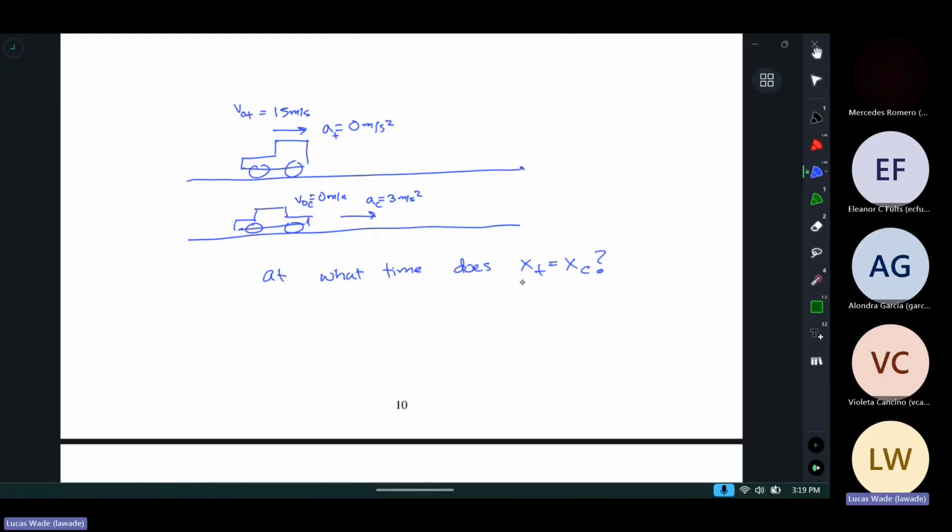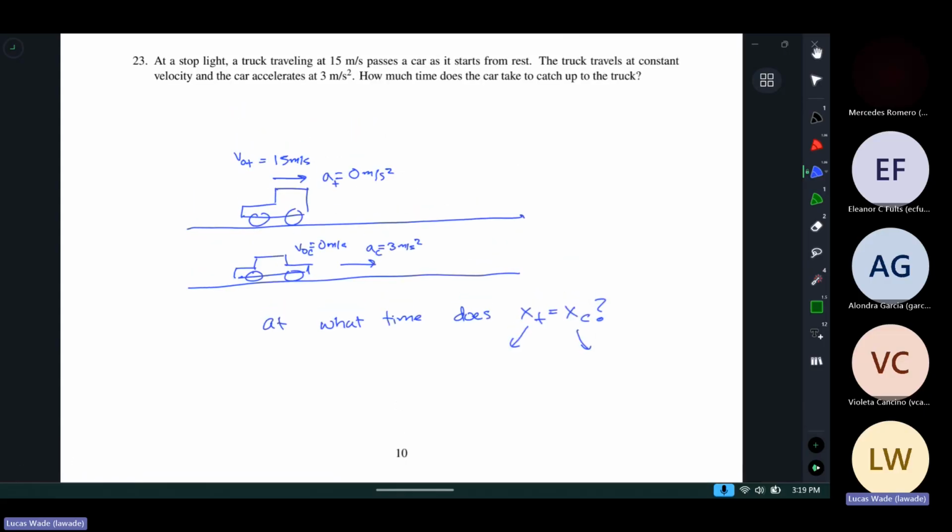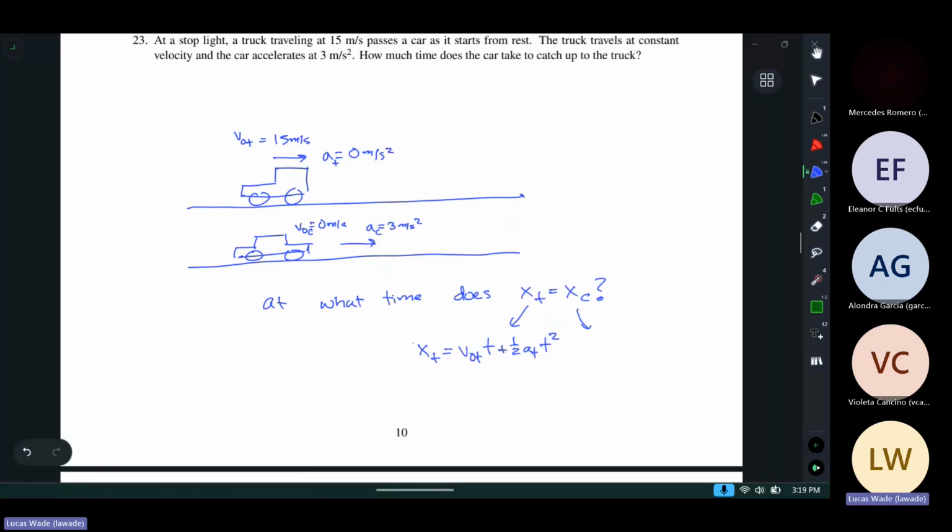From here, it's just a problem of how do we write these in terms of those accelerations and velocities we were given. Well, X truck is going to be V initial truck times time plus 1/2 A T squared. So kinematics for the truck, but it's not accelerating, so I actually didn't need this second term. It's really just this stuff right here. And then for the car, very similar there. It's just the car values.